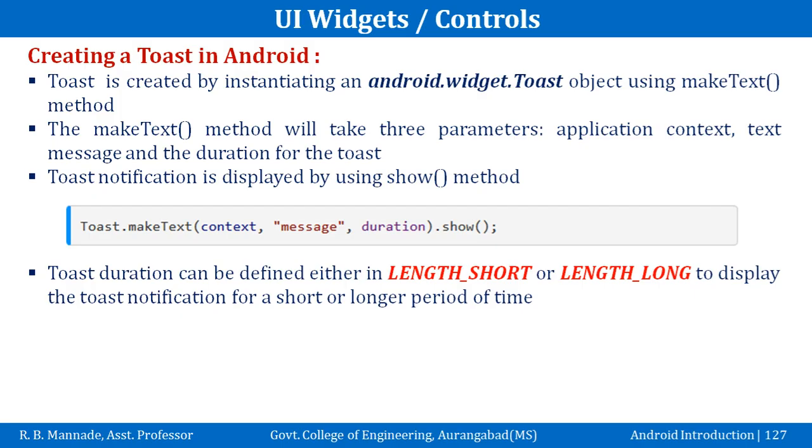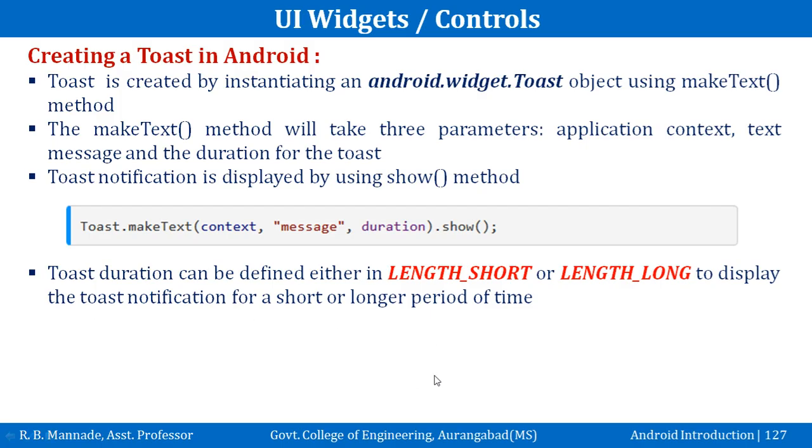Right, now this context is the application context, and whatever string is there in double quotes will be shown as it is on that particular application screen. And this third and last parameter is the duration. It is specified in the form of two predefined constants.